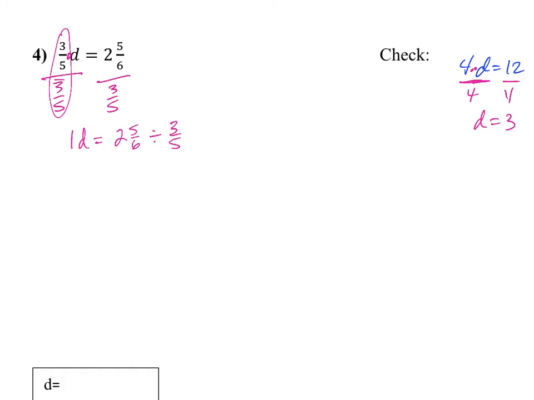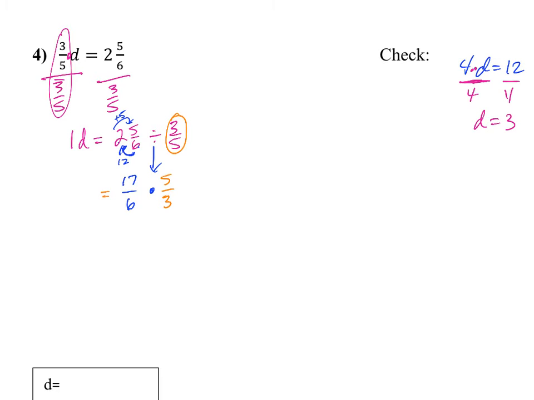So the first thing I have to do is convert 2 and 5/6 to an improper or usable fraction. This is going to be 6 times 2 because there's 2 wholes and it takes 6 to make a whole. So you have 12 sixths plus 5 more sixths, which gives you 17 sixths. Then I'm going to change this to multiplication and multiply by the reciprocal. The reciprocal of 3/5 is 5/3.